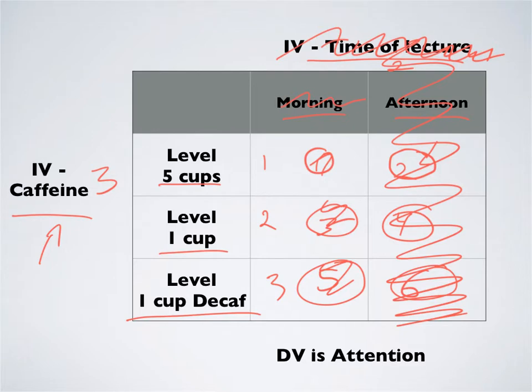So keep that in mind throughout the rest of the semester: conditions and levels do match up in simple experiments, but for more complex experiments that include more than one IV, it doesn't match up, right? You'd have to draw it out or think it through. If you draw it out, you can create a visual that helps you think through how many conditions they actually have in that study.